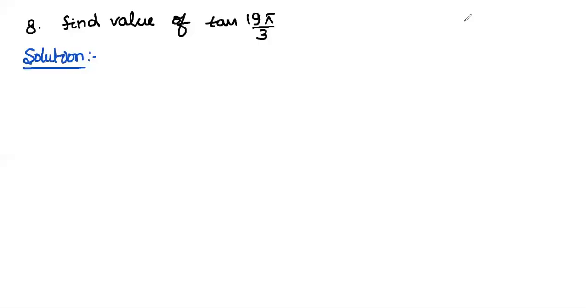Now we'll discuss one more question. Question number 8. Find the value of tan 19 pi by 3. For finding these types of values, first of all, in rational form, we have to divide it. We'll divide 19 by 3.